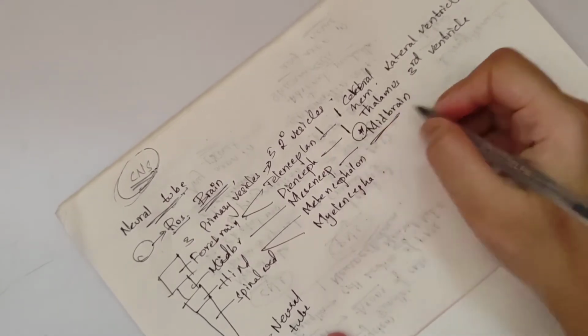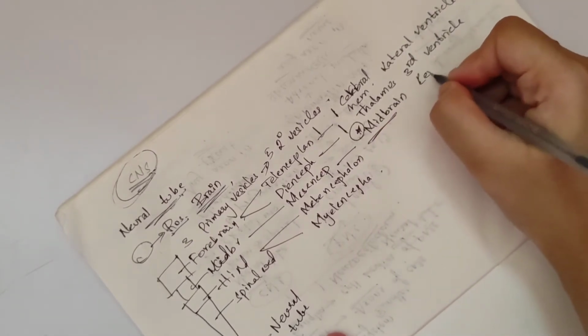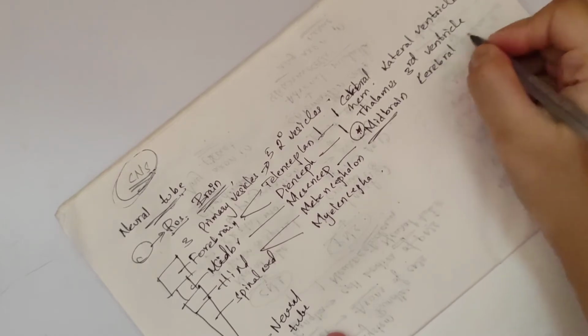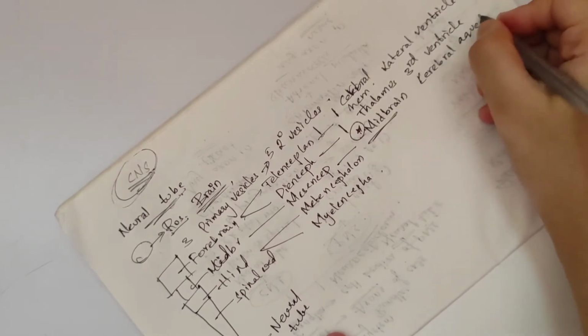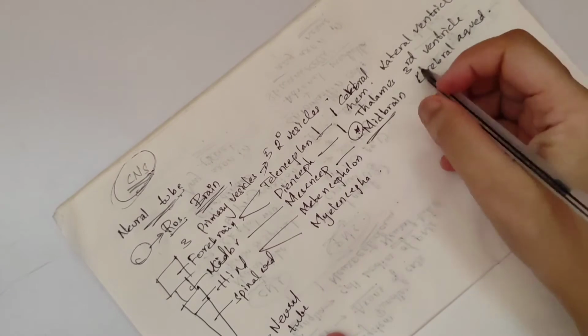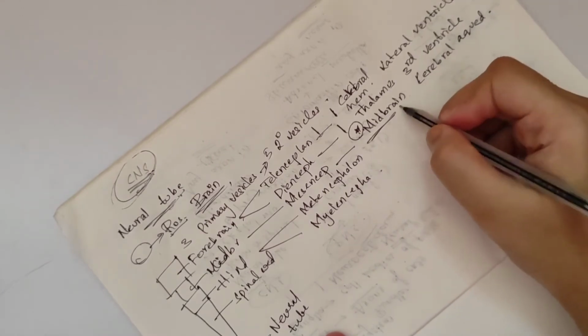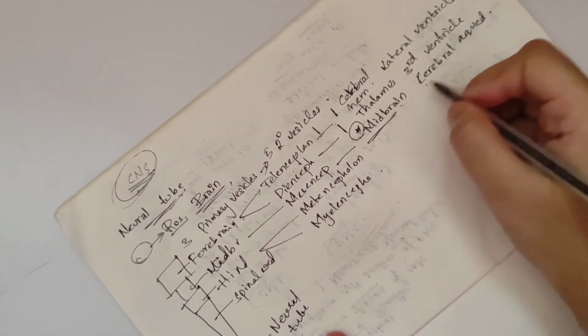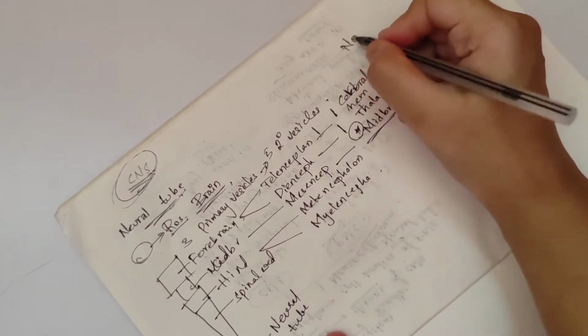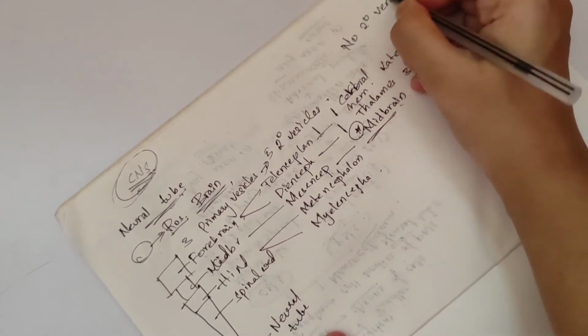The midbrain has only the cerebral aqueduct. Many people might think this is a ventricle, but there is actually no ventricle here. Note this point.